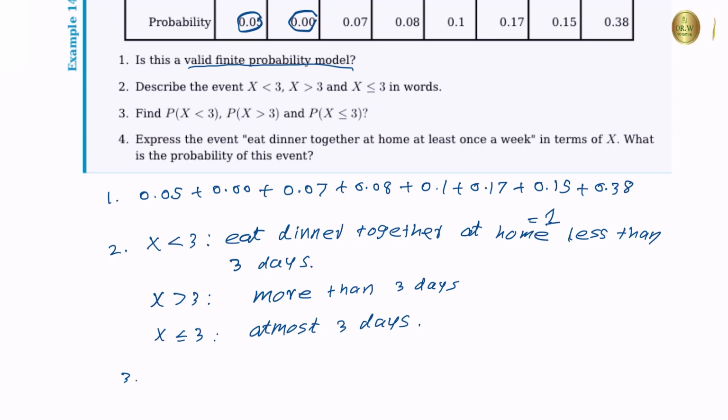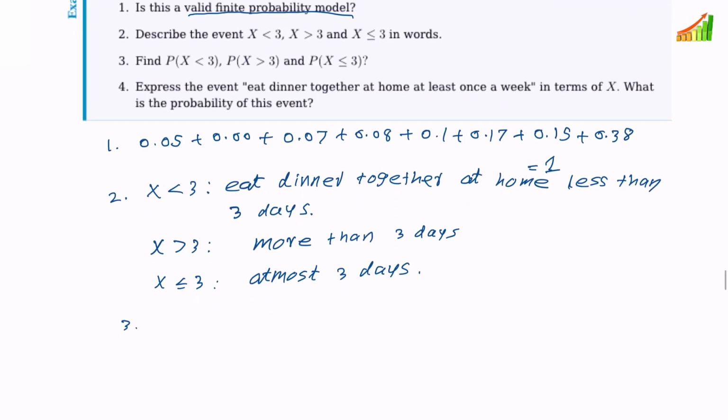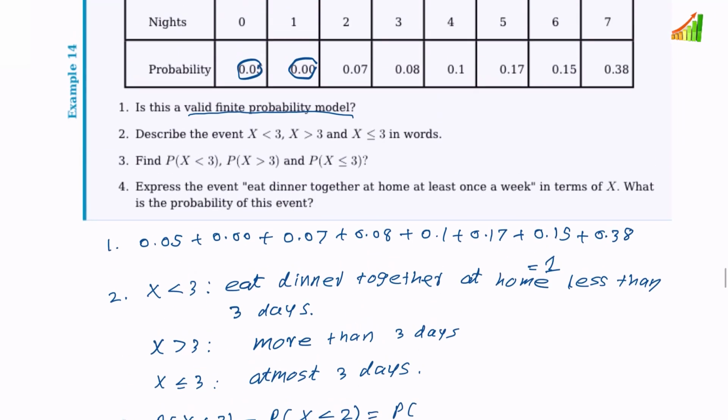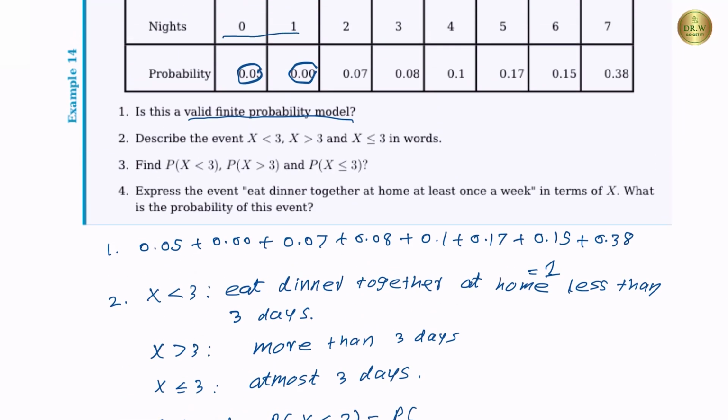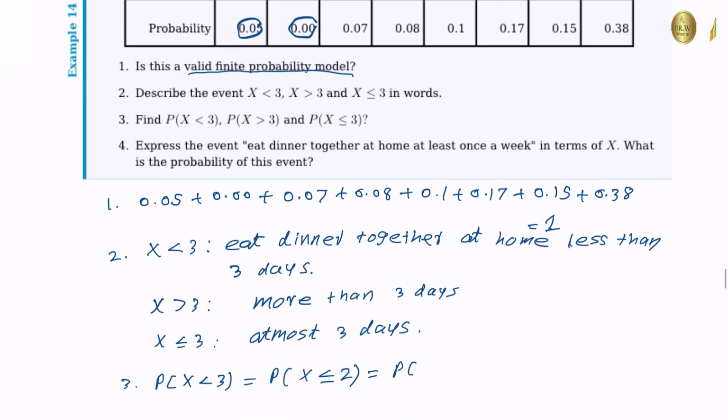Third one, find the probability of x less than 3. We know this is a discrete probability model. Therefore, probability of x less than 3 equals probability of x less than or equal to 2. This is true only for a discrete model, or when x is a discrete random variable. Based on these values, we use 0, 1, 2.